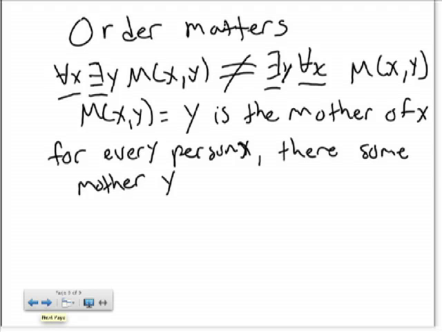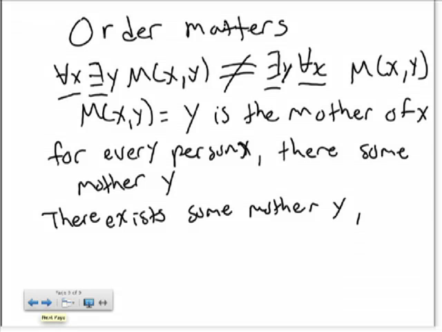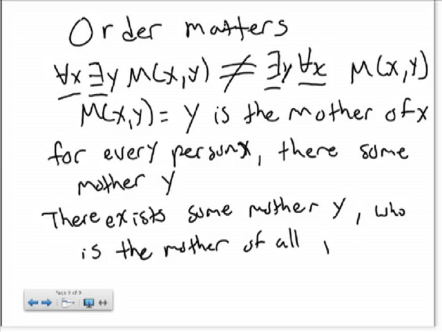But if we look at the right-hand side, this is saying that there exists some mother y who is the mother of all people x, which isn't true.